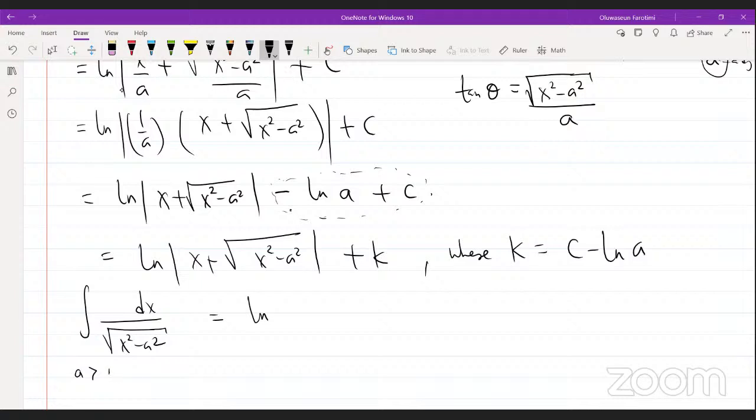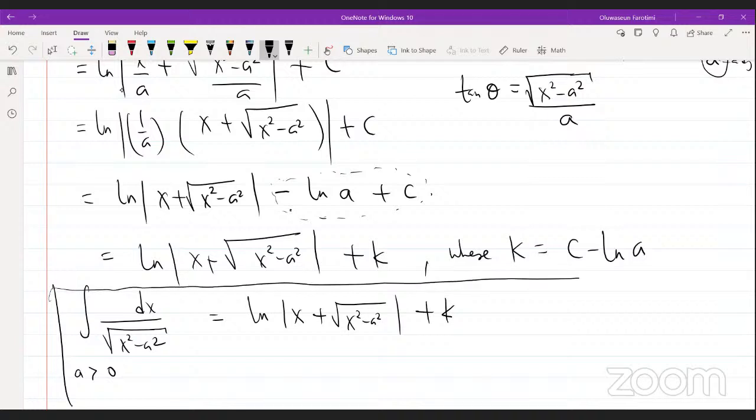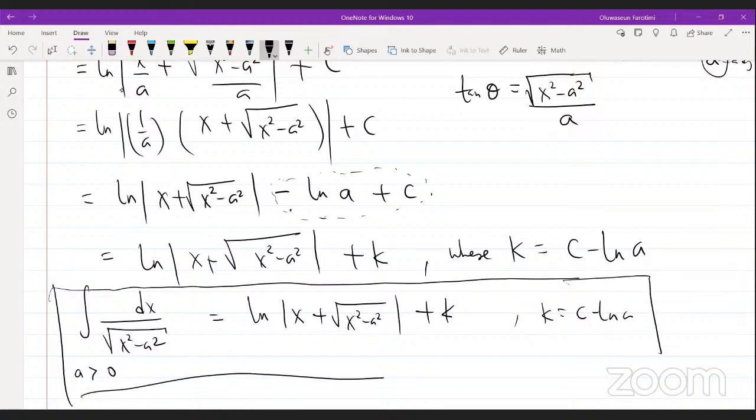Of course, a is bigger than 0. x plus the square root of x squared minus a squared, plus K. And we already said that my K is C minus ln of a. K is just a constant, guys. It is just a constant. Okay, so that's pretty much how we think about things like this.